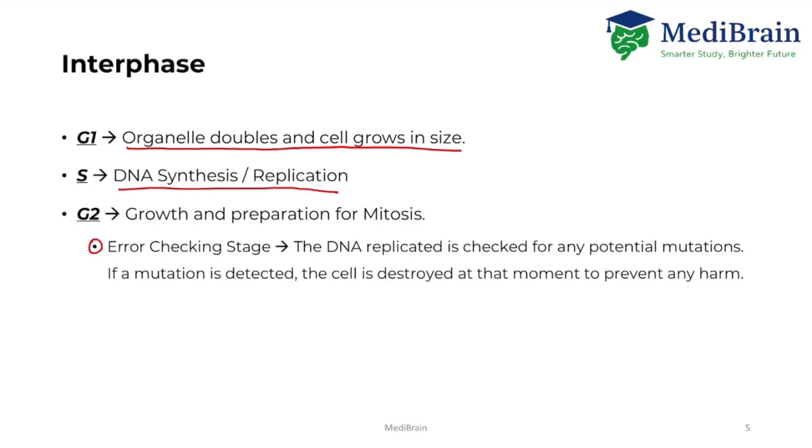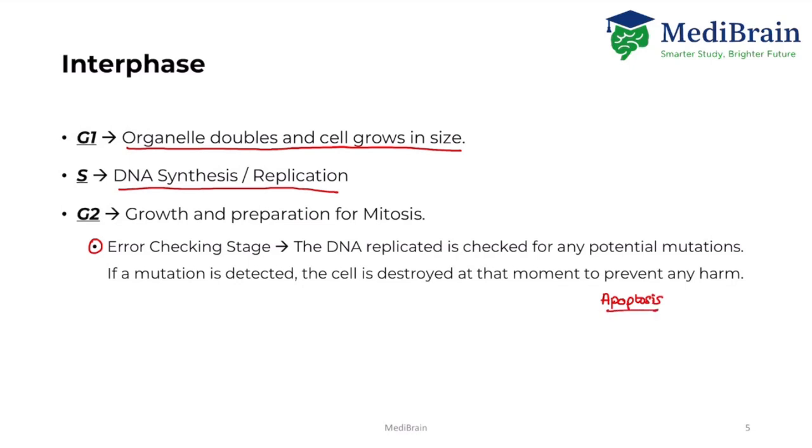So a key aspect of interphase is your error checking stage as well. Your error checking stage will make sure that the replicated DNA doesn't have any mutations. It will check for any potential mutations within the DNA which has replicated. And if there is a mutation within the replicated DNA, the cell is destroyed at that moment to prevent any harm. It will self-destruct, and that process is called apoptosis.